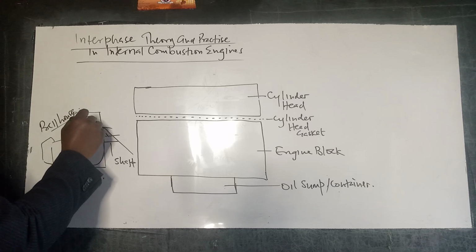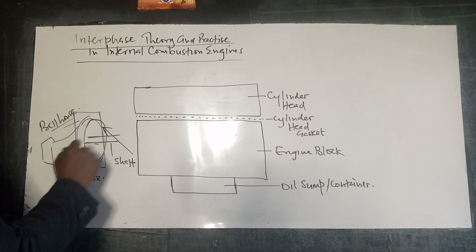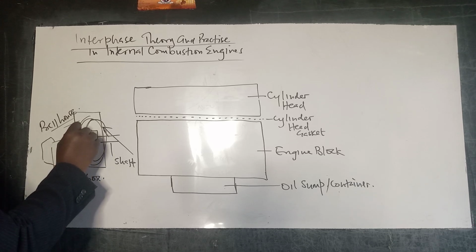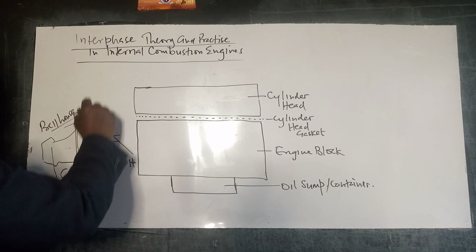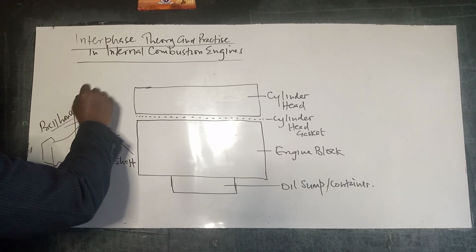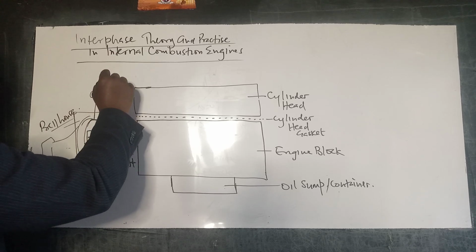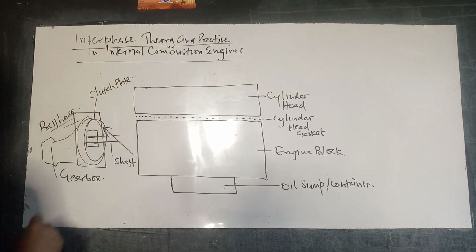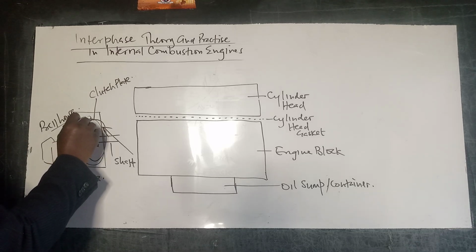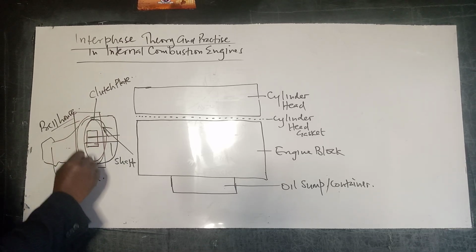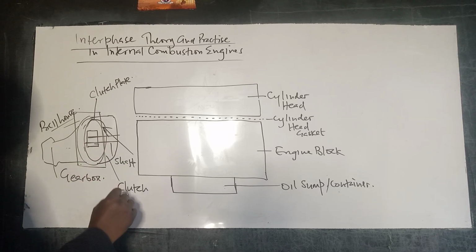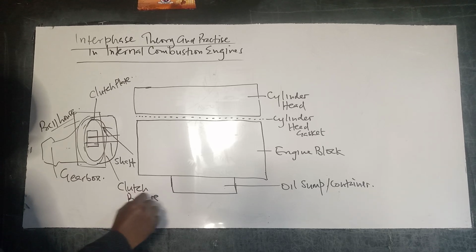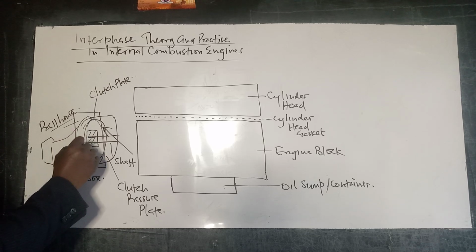And in the bell housing, we will have the clutch plate, the clutch pressure plate, and inside here we have the release bearing.